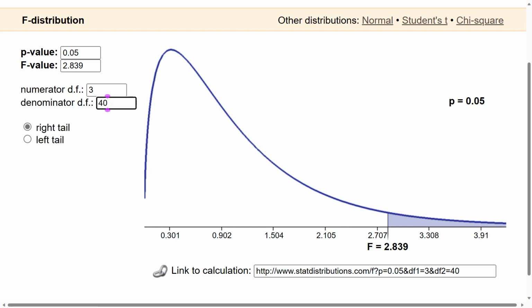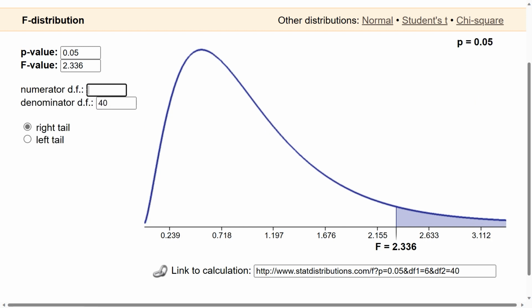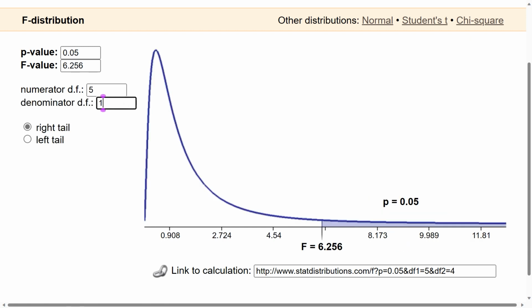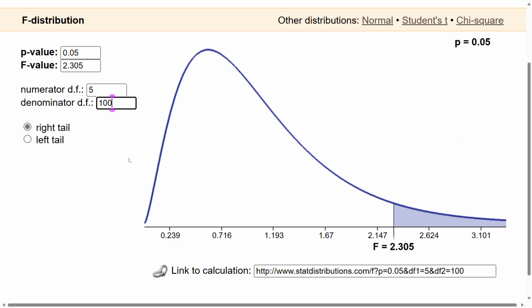If I have 6 categories, then my degrees of freedom would be 5 on the numerator, and below let me bring it to 100. It's getting closer to a normal distribution, but it's still a skewed one. Of course, what we are doing is a right tail test.